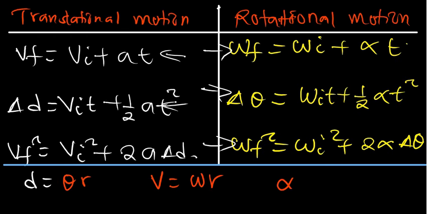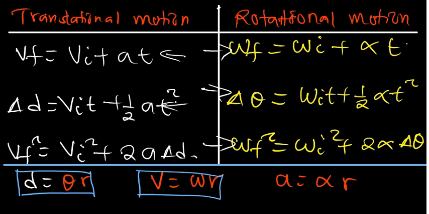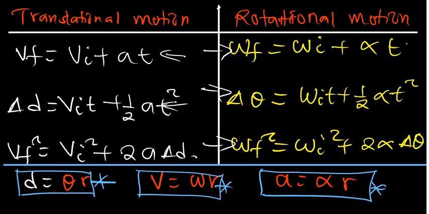The linear acceleration is equal to the angular acceleration times the radius. These are the only formulas which we have to be familiar with. So we have 3 and we also have 3 there, which makes 6.